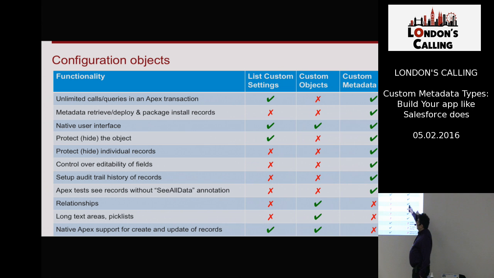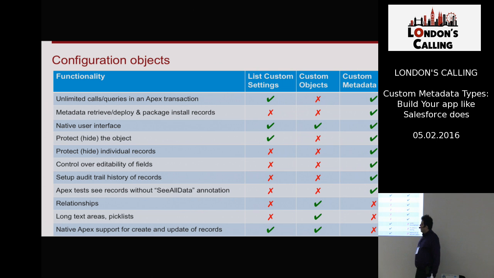The first one is, you can describe a lot of types of metadata as many times in a transaction as you need. And if you've used list custom settings, you're probably used to the static methods there that aren't subject to the 100 times per Apex transaction governor limit.